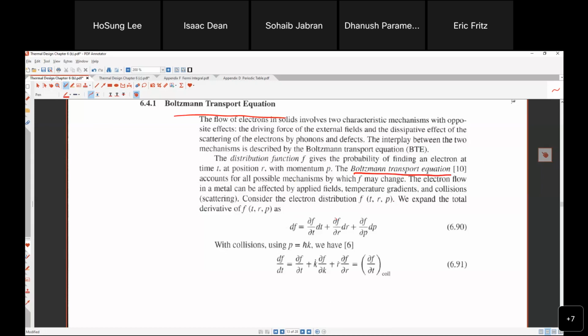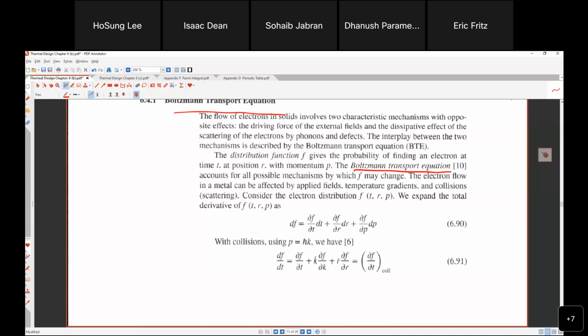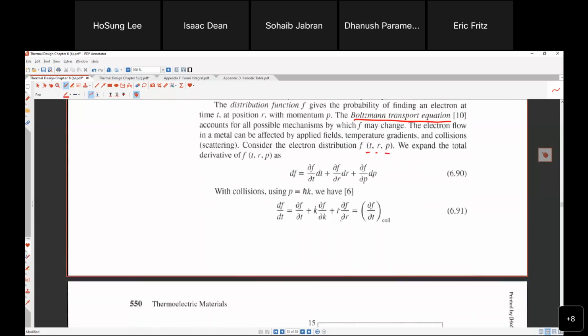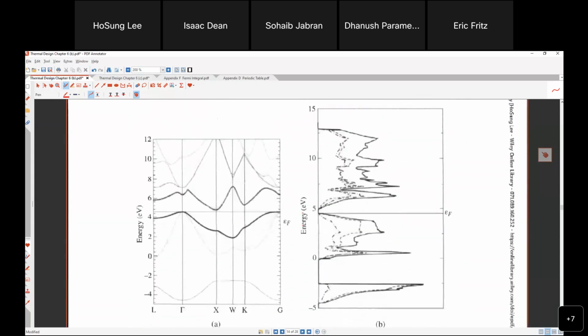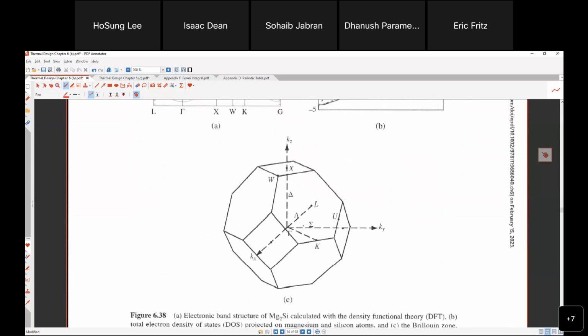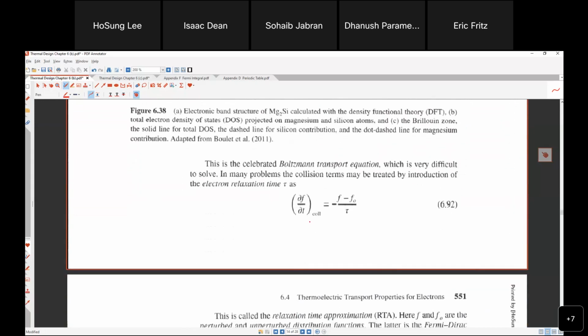I'm not going to go into detail, but fundamentally, the distribution depends on time, distance and momentum, very general, so that we have an expression and we develop the equations.